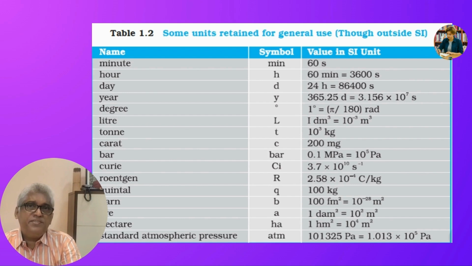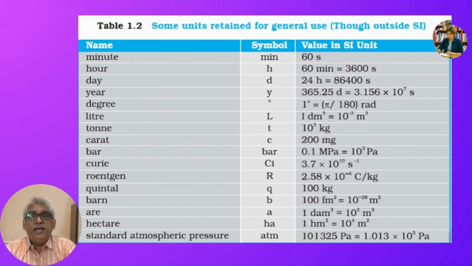So some units which are convenient or traditional, we still use. But for calculation purposes, we use the SI system, or the SI system is preferred. So there is no harm in retaining or using these convenient or other traditional units, and it becomes a very small number also. Instead of describing the age of a person in seconds, years is a convenient thing.